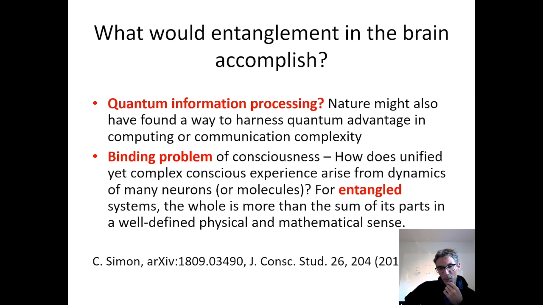That's very hard to understand from a classical physics perspective, but for entangled systems, there is this holistic character. The whole really is more than the sum of its parts in a well-defined physical and mathematical sense. So that provides another potential motivation for considering entanglement in a neuroscience context.